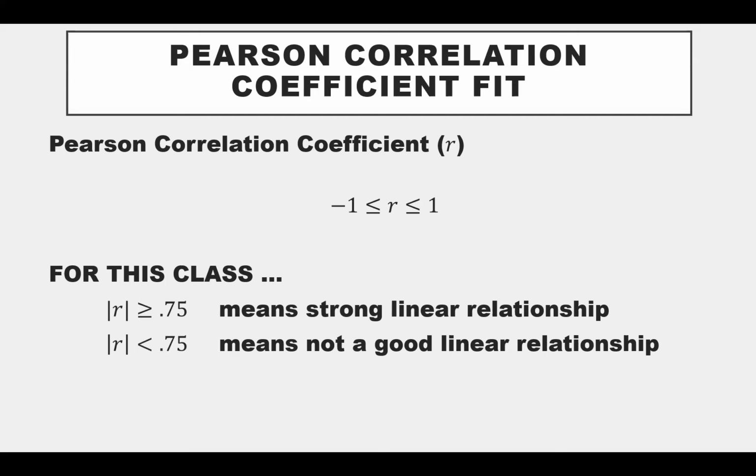And if R in absolute value is less than 0.75, we will say it is not a good linear relationship. So for this class, it's going to be 0.75. But again, if you move on into some other class, it may have a different cutoff value on your R between a good and bad fit.